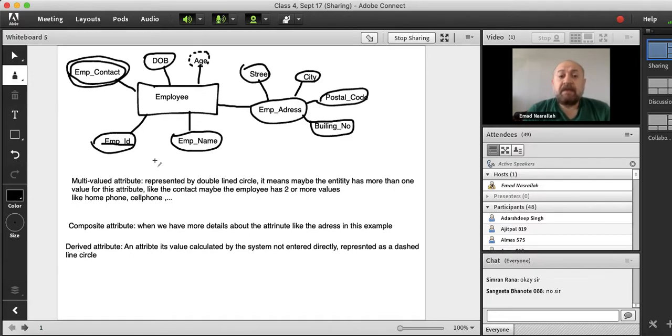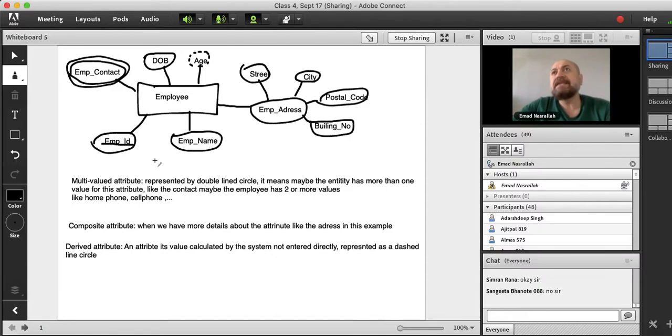Again, if the company needs to keep track of the employee's family, regardless of why, because the company should take care of the employee. Why they want to know about the employee's family? It's their business. They want to know the employee has dependents, like wife, kids, maybe parents, any dependent.